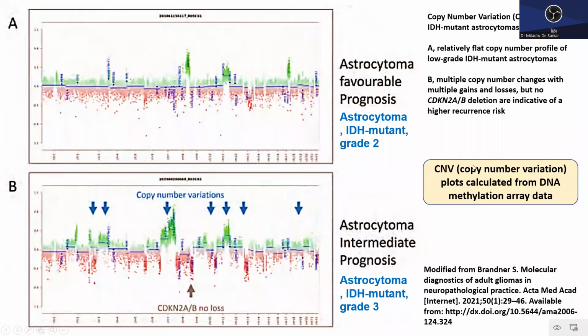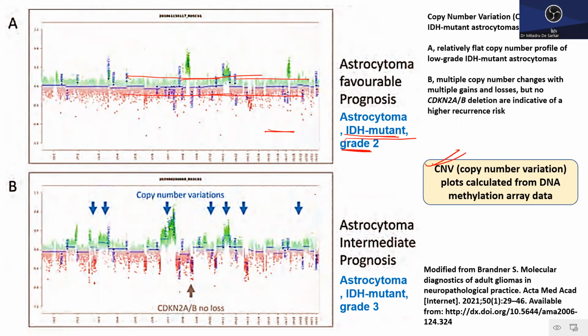So like I said, the copy number variation, or CNV assessment, which can be done by DNA methylation profiling, is very important. As you can see, the first case is an astrocytoma IDH mutant grade 2, in which you have a relatively flat copy number without much amplification or chromosomal loss. So this fits in with IDH mutant grade 2; you don't have copy number variations which might upgrade your diagnosis to a higher molecular grade.